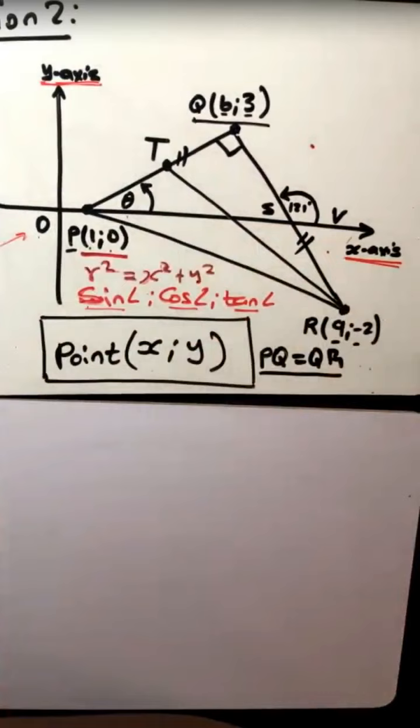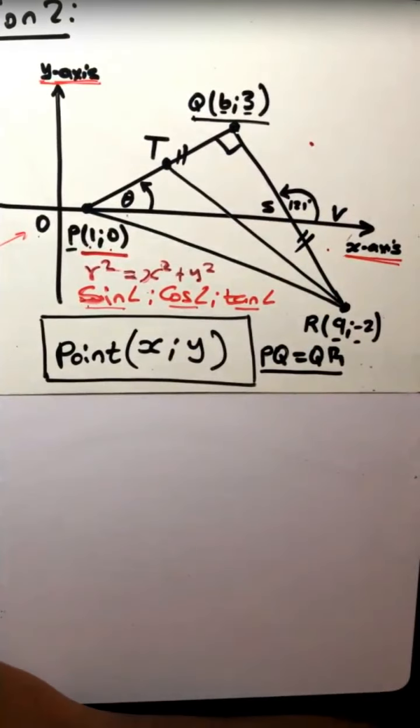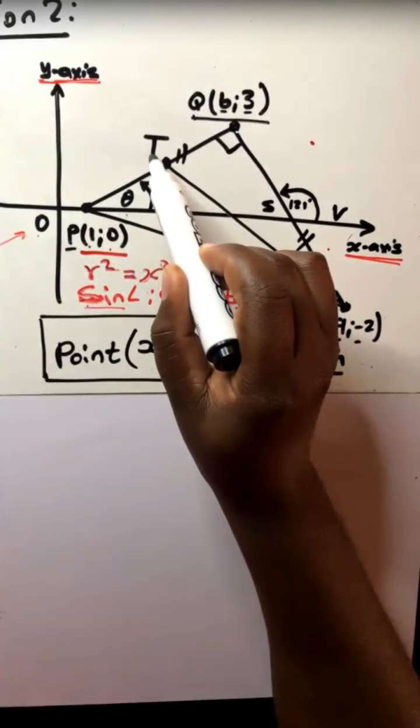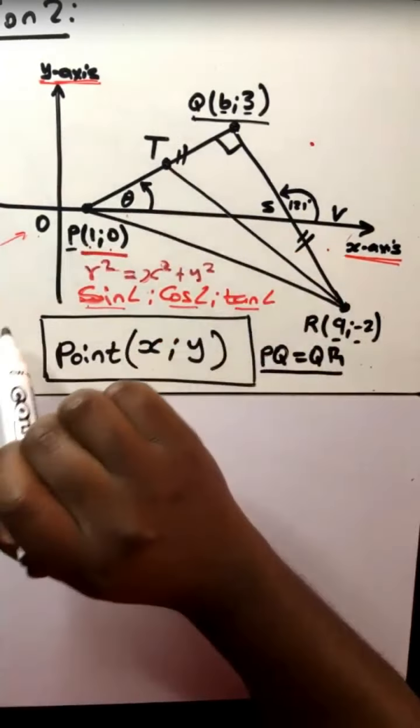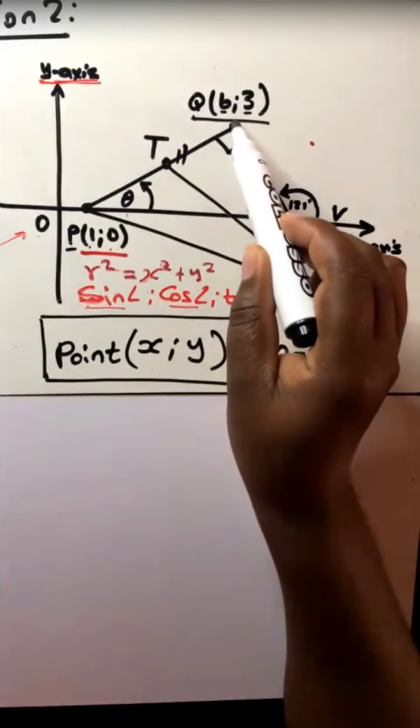So that is true. Let's see. T is a point on PQ such that T is the midpoint of PQ. Oh, now it makes sense. Now it makes perfect sense. So that means this point is actually right in the middle of P and Q.